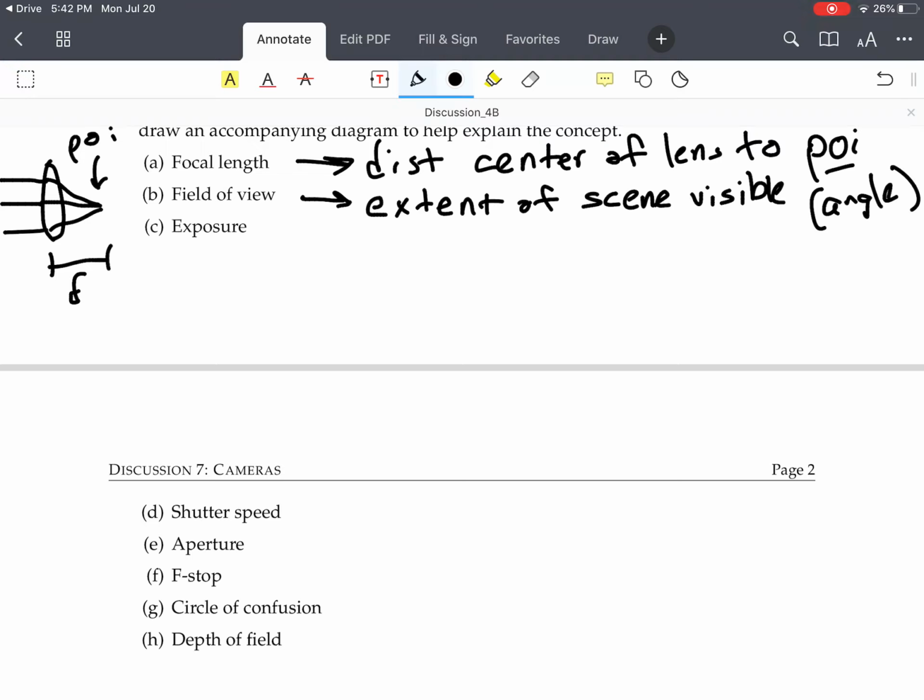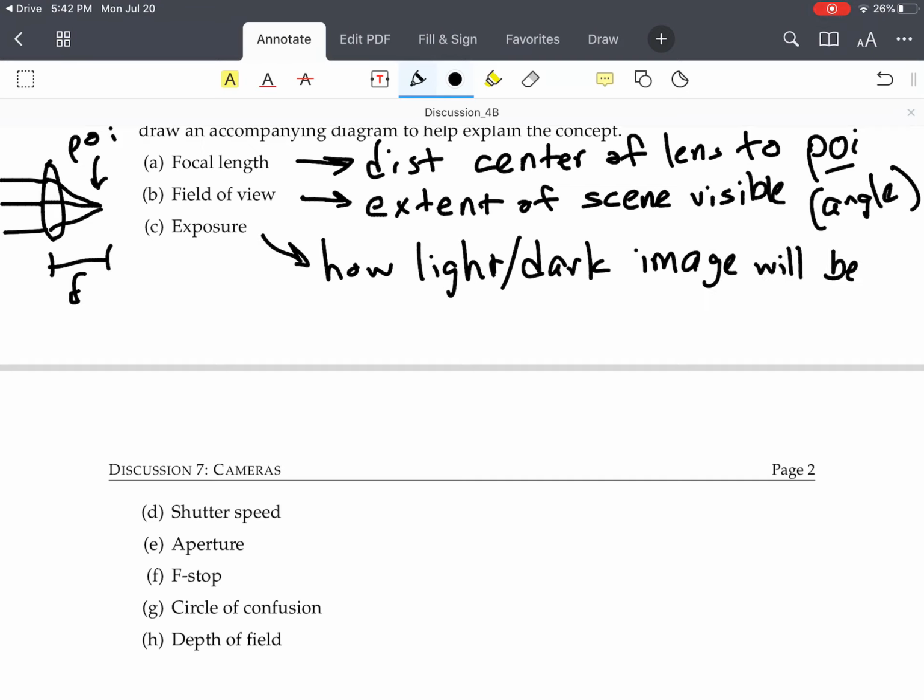Okay, next up, the exposure. So exposure is not necessarily one specific term, but it's kind of this quantity that determines how light or dark the image will be. This depends on 3 different settings. One of them is the aperture, which we'll get to later, but it's the size of the opening, so how much light is coming into the camera.